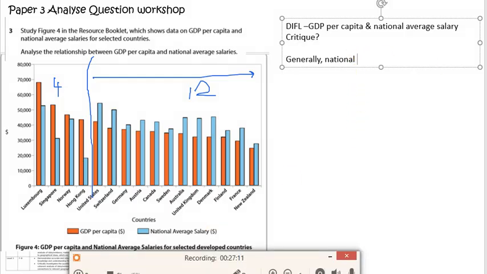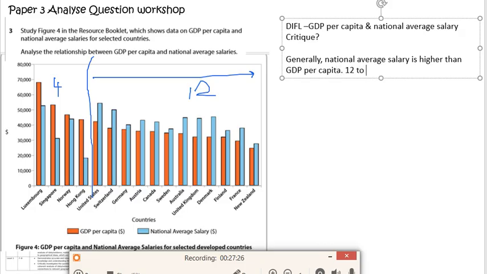So generally speaking, national average salary is higher than GDP per capita, and it's a ratio of 12:4, which is what, 3:1. Bit of maths. Yep, that's the general relationship, isn't it?